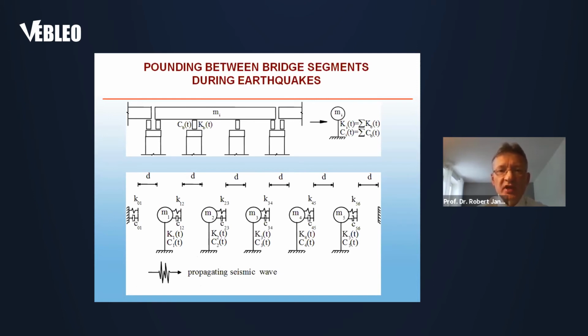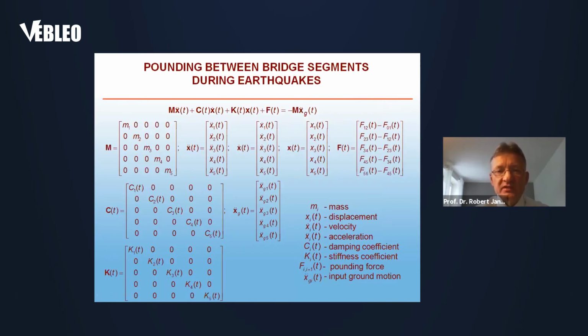In this way, we can create a relatively simple 5-degree of freedom model for adjacent superstructure segments, meaning that each mass is related to each superstructure segment, and there is the distance between them, also denoted as d. The dynamic equation of motion for this model is presented on this transparency. It is a slightly different model compared to collisions between multi-story buildings, because the stiffness and damping matrices are also diagonal matrices, as can be seen on this transparency.